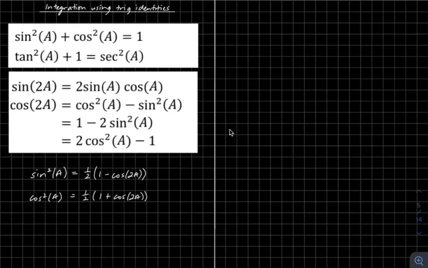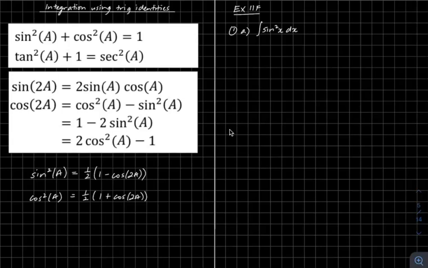So let's do an example straight away where we could use one of those. Let's go to exercise 11F, and straight up in question 1, part A, we've got the integral of sine squared x dx. Now we can't use a change of variable technique here, because if we let u be equal to sine x, then we're going to get a derivative of cos x, and there's no cos x in that expression.